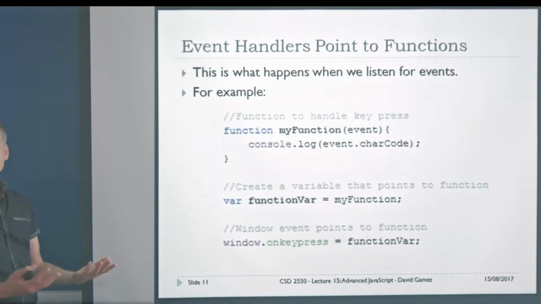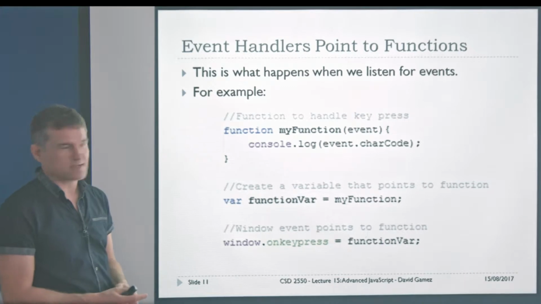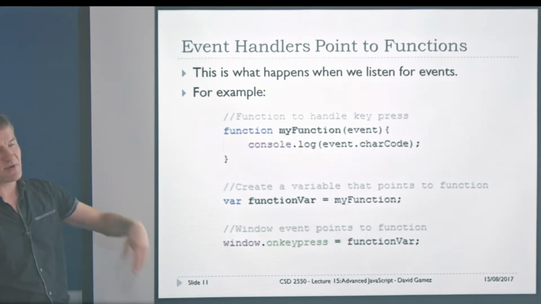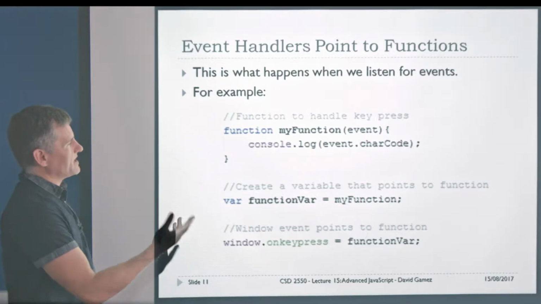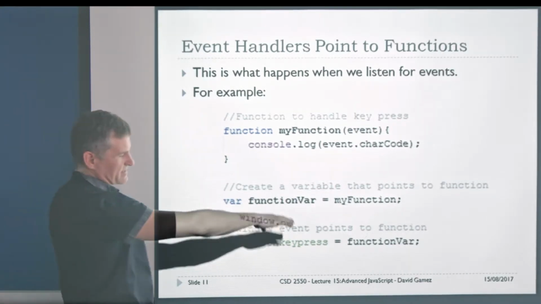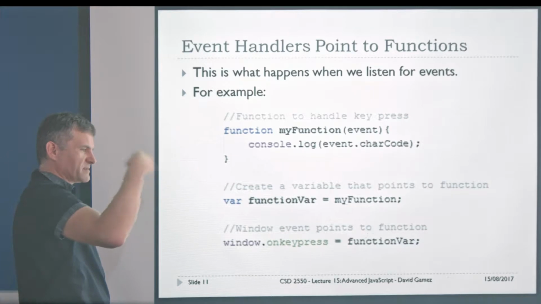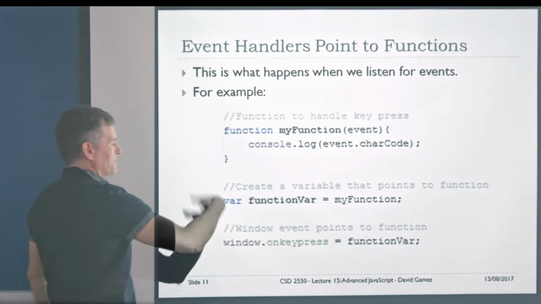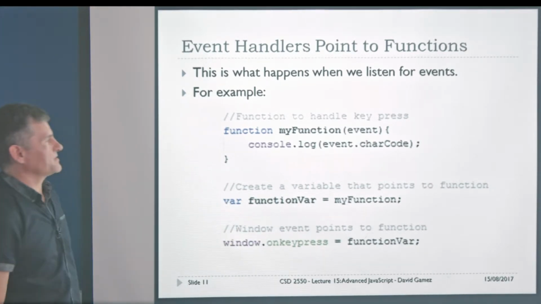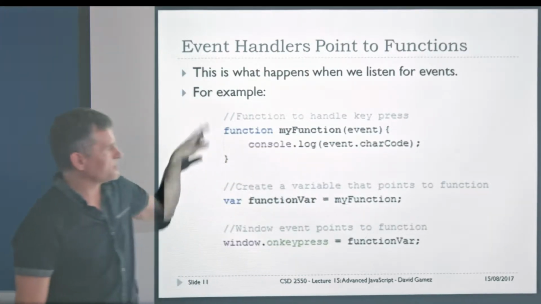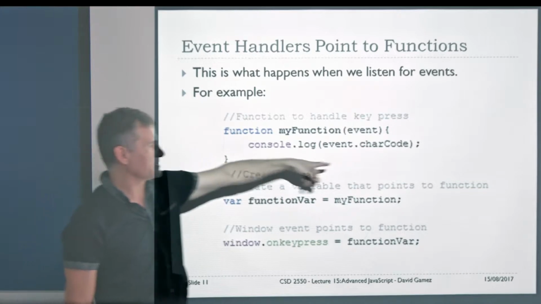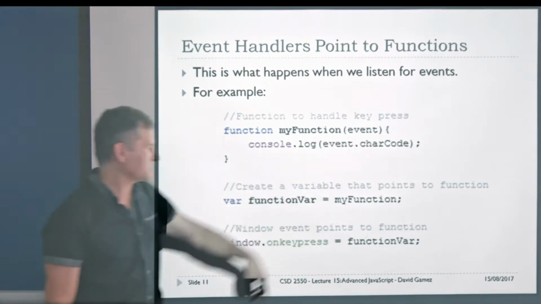And that's exactly what happens when we build event handlers, right? You've done event handlers like window on key press, window load, window mouse move, and so on and so forth. All that's happening here is that when we set up an event handler, we're setting it to point to a function, and then when the event's triggered, that function is called. So here we have a particular function that we want to call when a particular event is triggered, and all that's doing is logging the char code of the event.